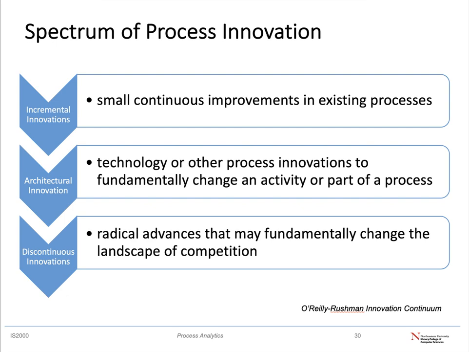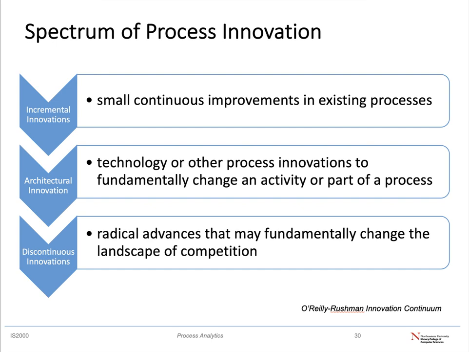It means that suddenly people can sign documents electronically. So maybe instead of having to have a paper form, you would have an opportunity to automate that through some kind of a tablet-based app. That's an architectural innovation.